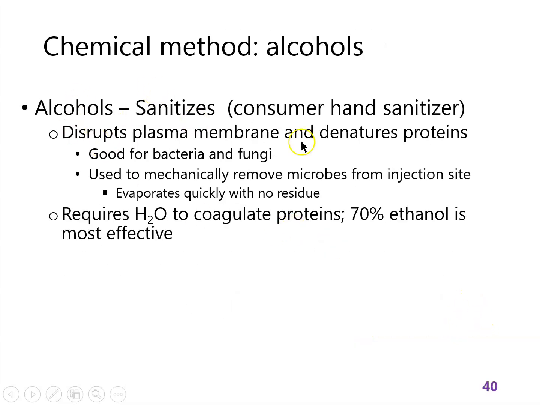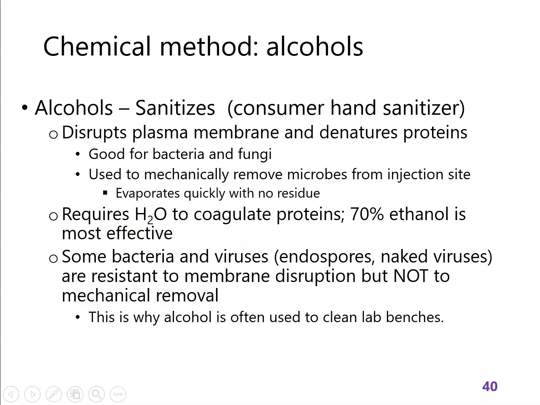Alcohols you'd be familiar with from the hand sanitizer that everybody was fighting over in March 2020. And what alcohols do is disrupt plasma membranes, or they disrupt lipid bilayers. And in order to do more than that and destroy proteins, they have to be hydrated. And so 70% ethanol is the best concentration.